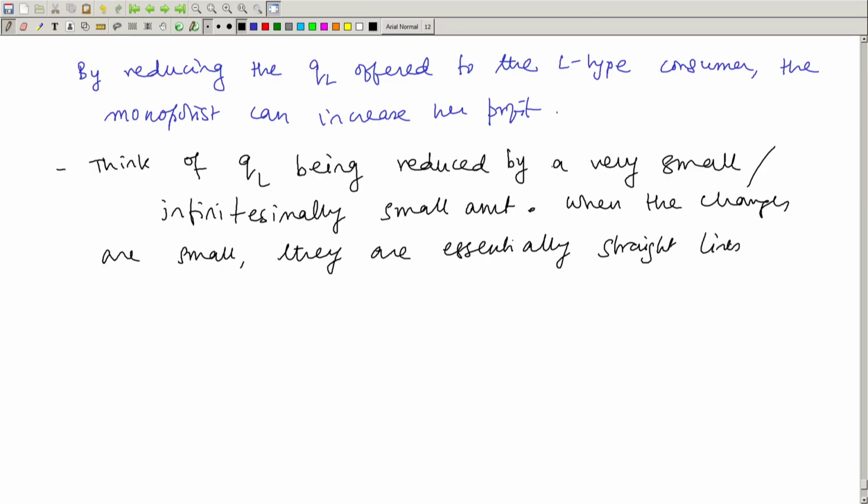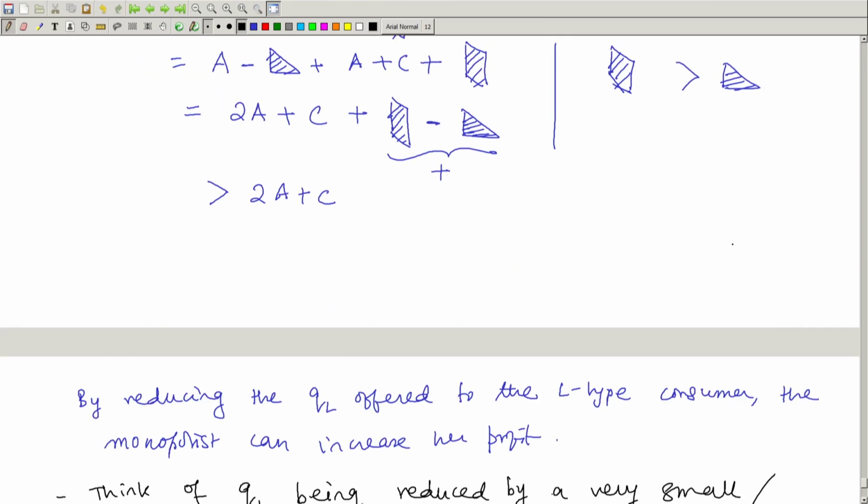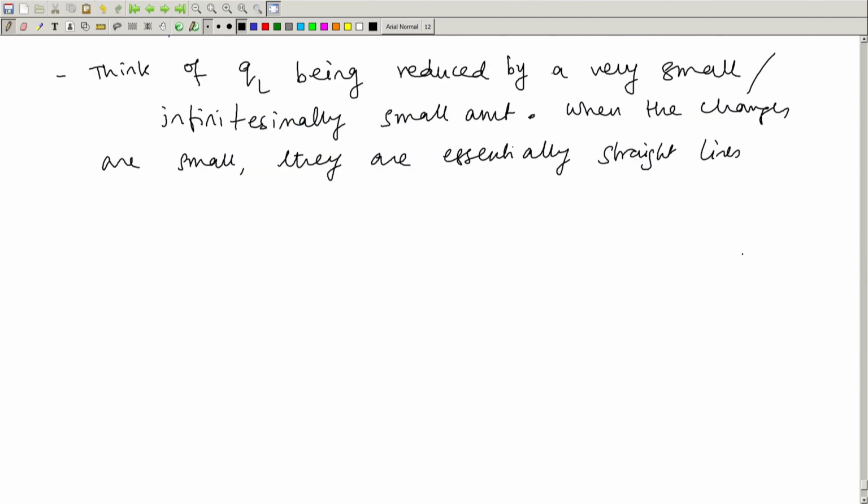Right. So, what I mean is that I could think of these changes to be very, very small. So, think of the QL being here and instead of QL prime being here, if the QL prime was somewhere here very, very close. So, essentially you are talking of a very, very small strip, right. So, that is the idea that I have in mind.